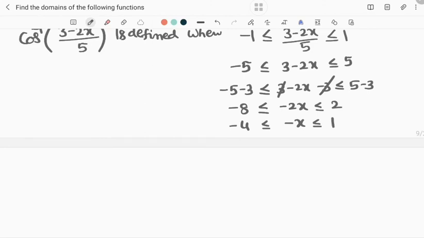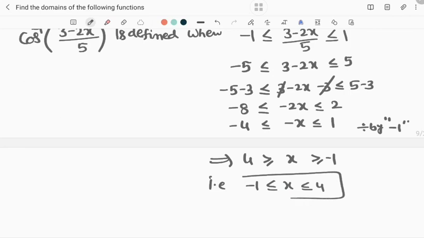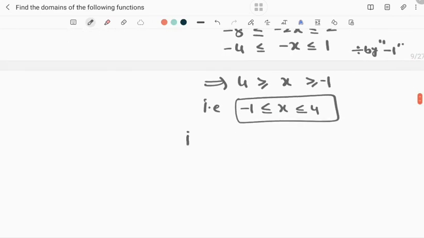If you remove the minus, the inequality will change, so dividing by minus 1: 4 is greater than or equal to x is greater than or equal to minus 1. That is, minus 1 is less than or equal to x is less than or equal to 4. So x belongs to closed minus 1 comma 4.